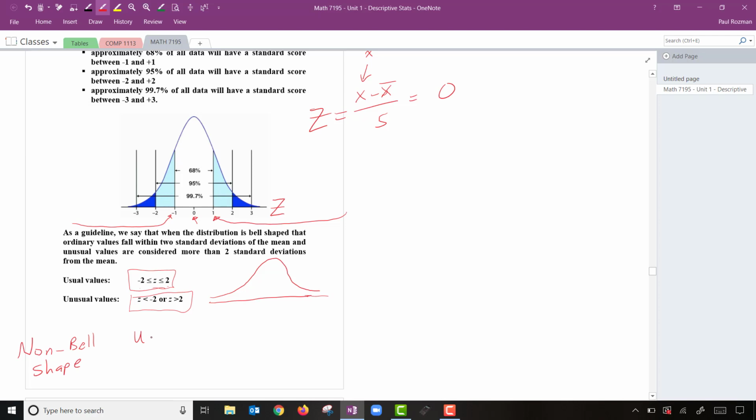Maybe our usual range should be extended to something like -3 to 3, and our unusual values would then be outside that range, so if you're under -3 or above +3.